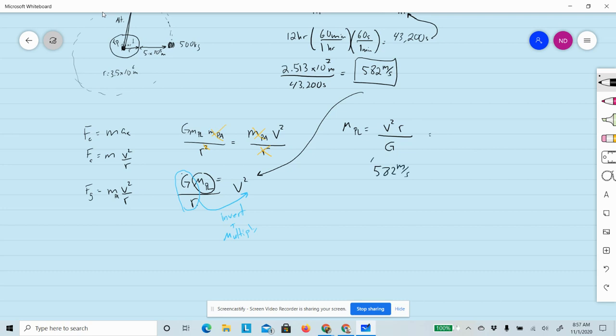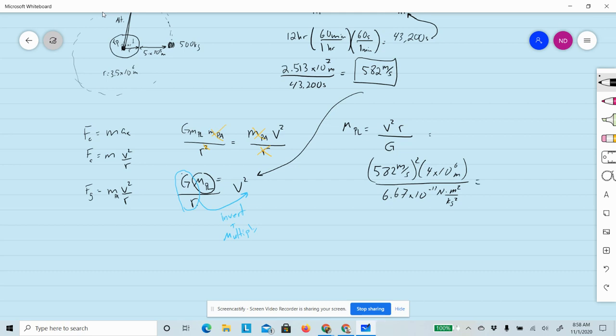And you come up with 582 meters per second squared multiplied by 4 times 10 to the 6th meters divided by G, 6.67, thank you, Mr. Henry Cavendish, times 10 to the negative 11 newtons per meters squared per kilograms squared. And all of that equals, what does that equal? 582 squared times 4 times 10 to the 6th.